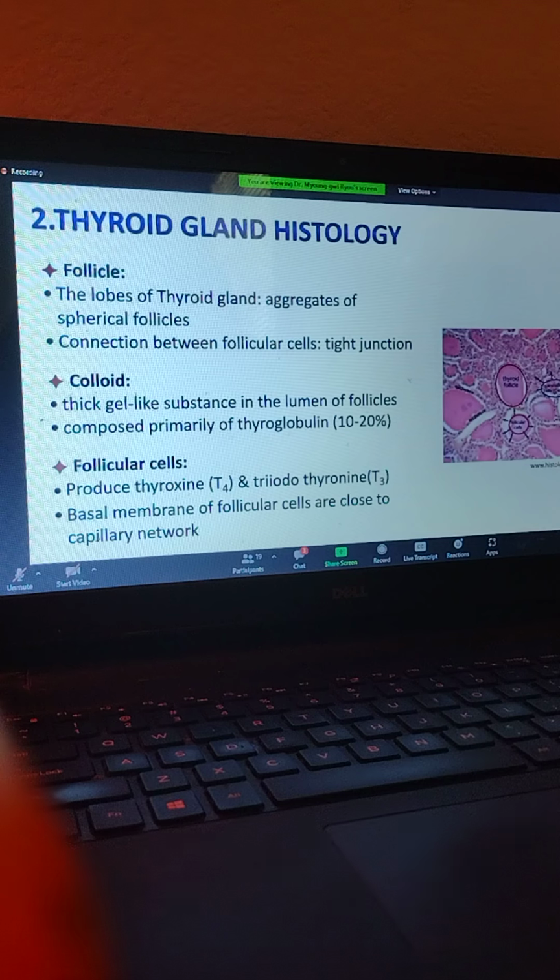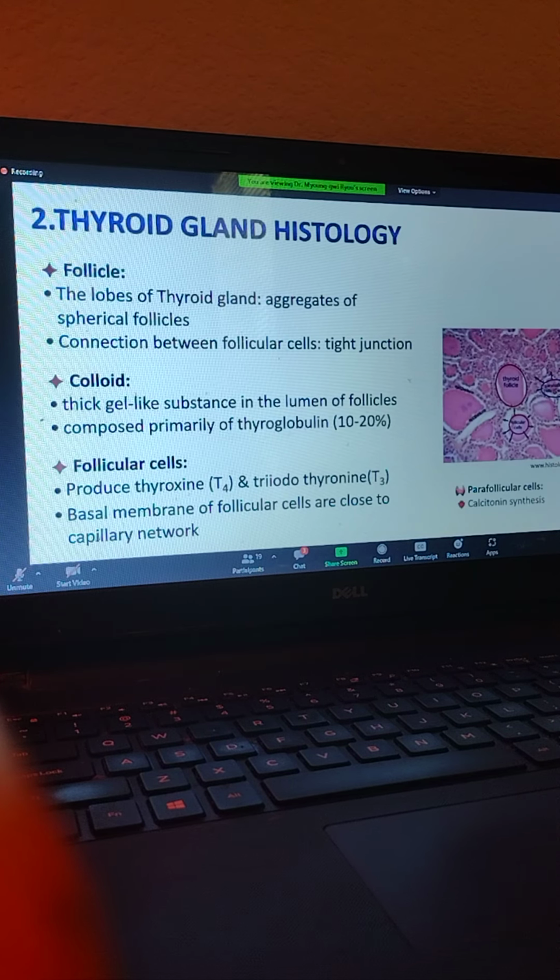And when the cells get the signal, the thyroid hormones get into the cells again. And then T3 and T4 are released from the thyroglobulin into the capillary, and these capillaries go to the systemic circulation. So the blood vessels and the cells are located very close to each other. So it's very efficient, the delivery of the hormones to the circulation. Okay.